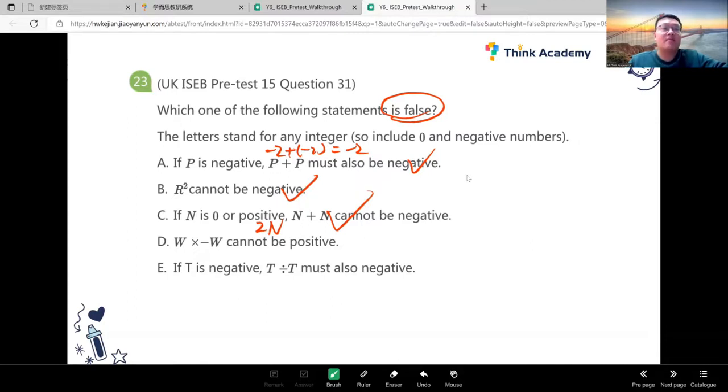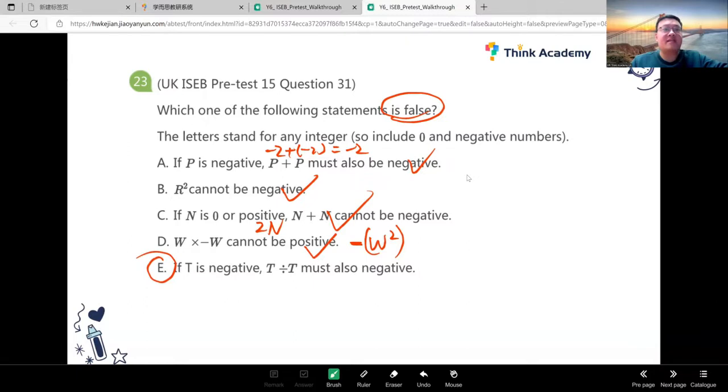Then w times -w cannot be positive. Yes, that's right, because w times -w is -w squared. And we know w squared must be 0 or positive, but it has this negative sign in front of it, so it cannot be positive. That's right. So we choose E.